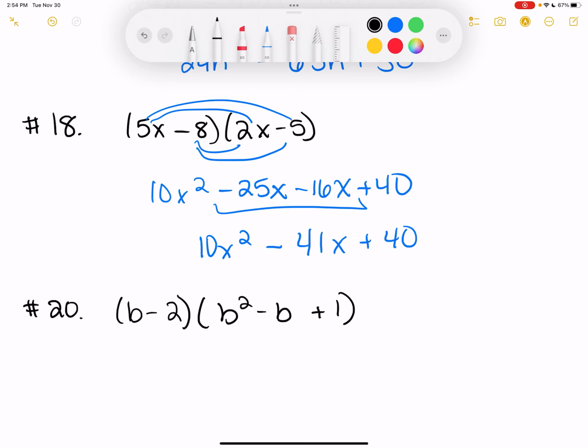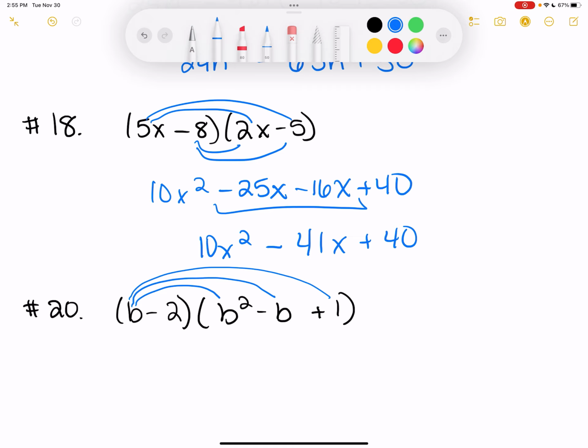I call this superfoil because there's an added term in the second one. As long as you put every piece over here with every piece over here, you're good. We're going to do b times b squared, b times negative b, b times 1, and then the same thing going across the bottom.